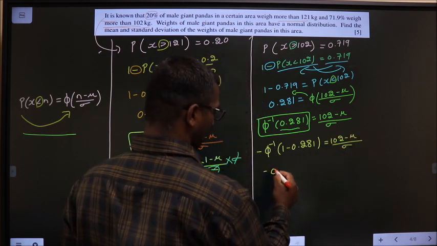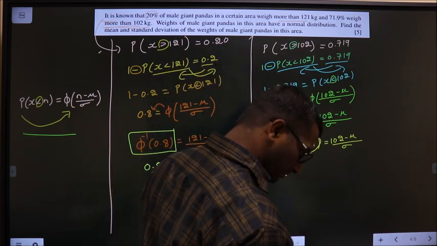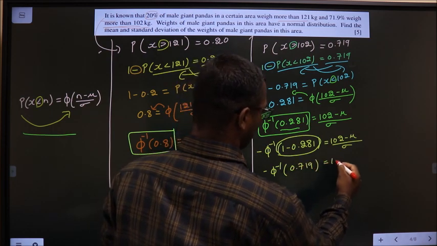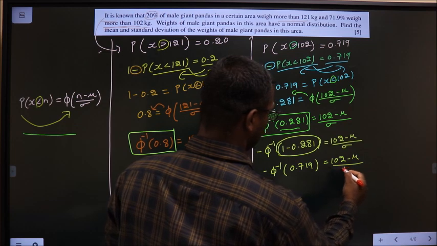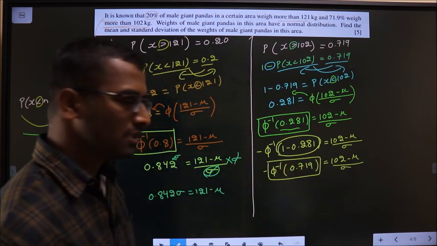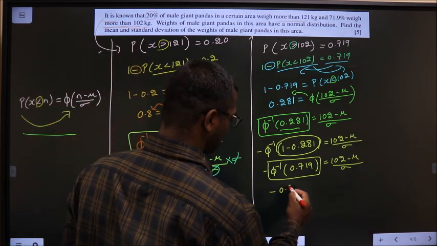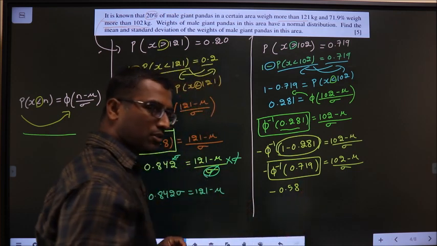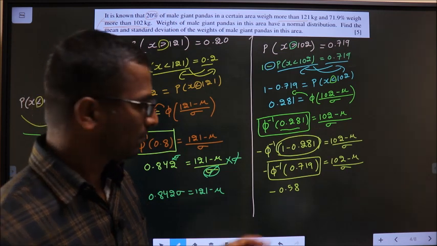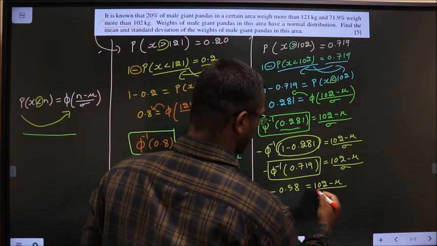Now this is minus phi inverse of 1 minus 0.719 equal to 102 minus mean by standard deviation. Now we get this value from the normal distribution table and we get it to be 0.58. If any doubts, look at the playlist in the description, how to use the normal distribution table. Equal to 102 minus mean by standard deviation.